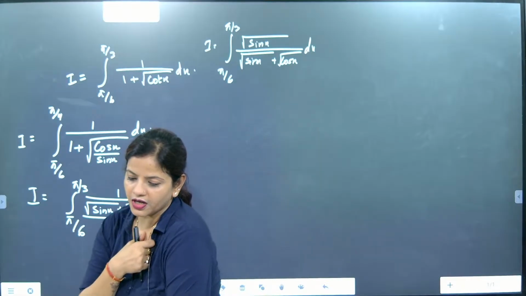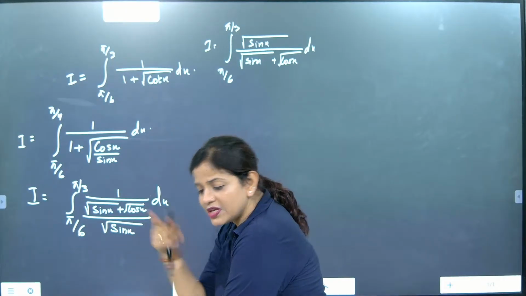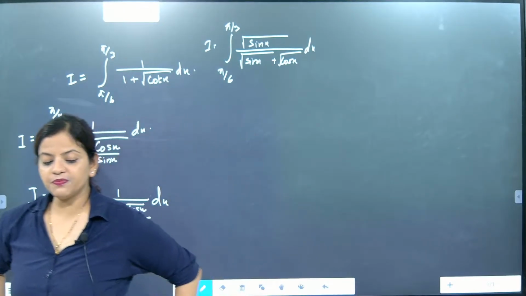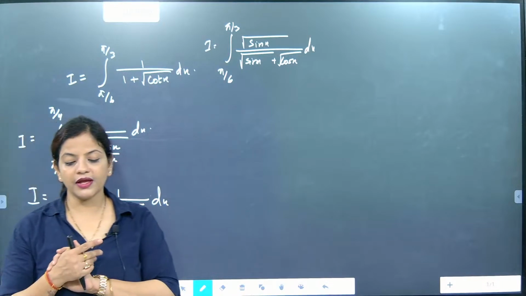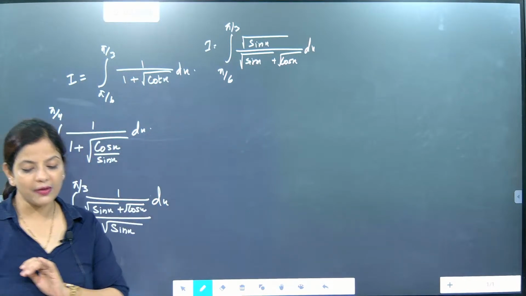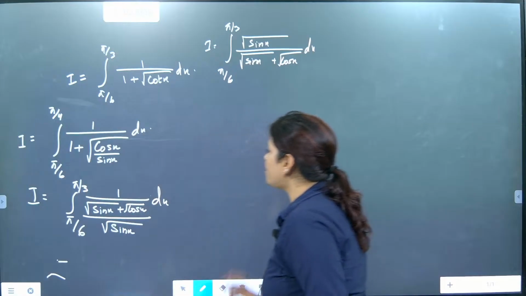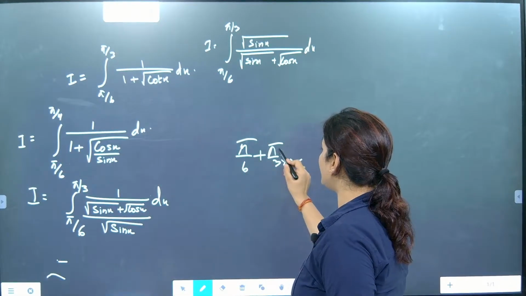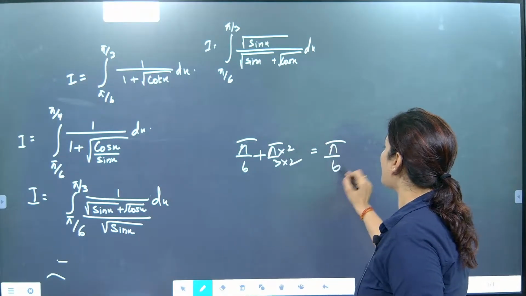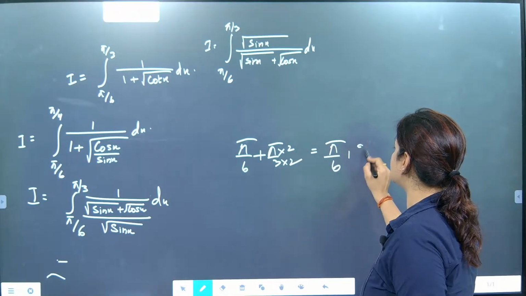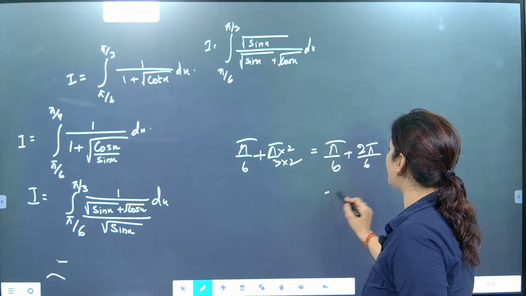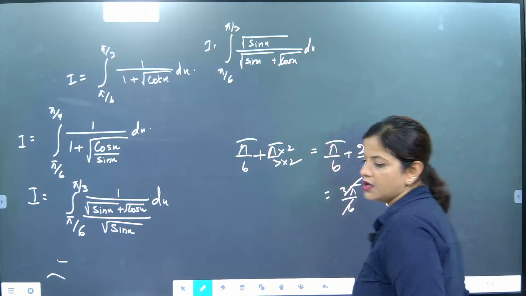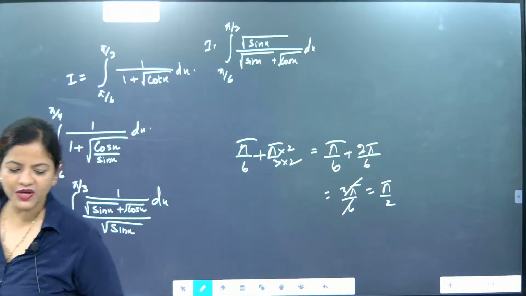Now our formula, because here pi by 6 plus pi by 3, if you add them together, you will see they are giving pi by 2. Just check this one out. When you are adding pi by 6 plus pi by 3, you multiply pi by 3 with 2, it is coming pi by 6 plus 2 pi by 6. Correct? Pi by 6 plus 2 pi by 6 is 3 pi by 6. After solving, it is coming pi by 2. So that's it. That means we are getting pi by 2.